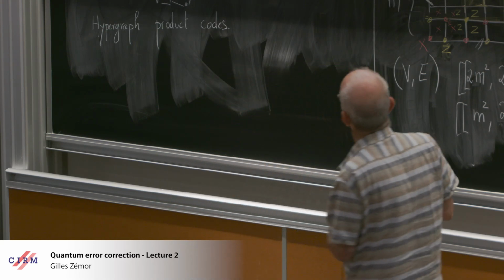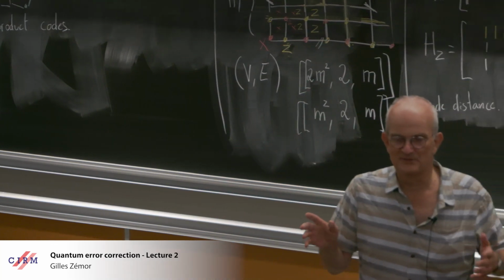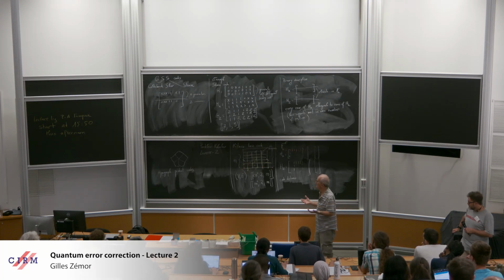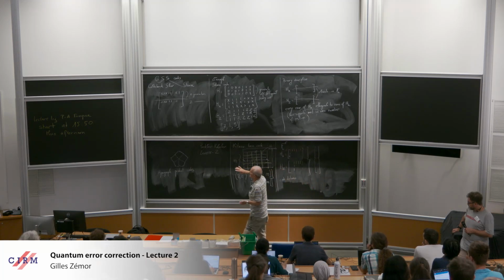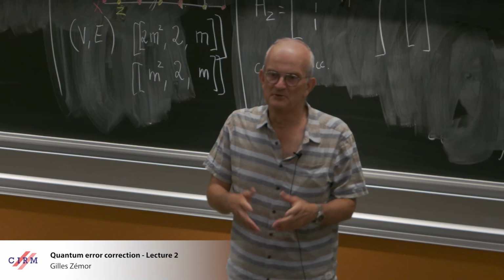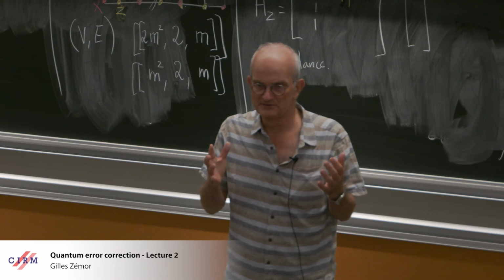Now, what I was saying quickly at the end is that some of the improvements that came after the Kitaev code were to find ways of constructing codes with a dimension that grows linearly with n. If you move to tilings of the hyperbolic plane as opposed to tilings of the Euclidean plane, you get something which resembles in spirit the Kitaev code.